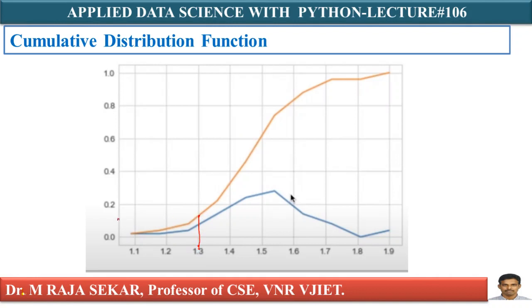This is the point, isn't it? What is this corresponding value? Approximately 0.15. What does it mean? There are 15% of setosa flowers whose petal length is less than or equal to 1.3.